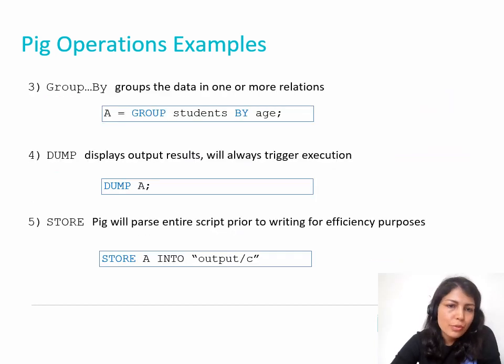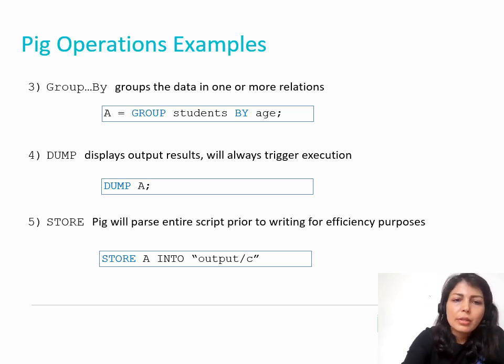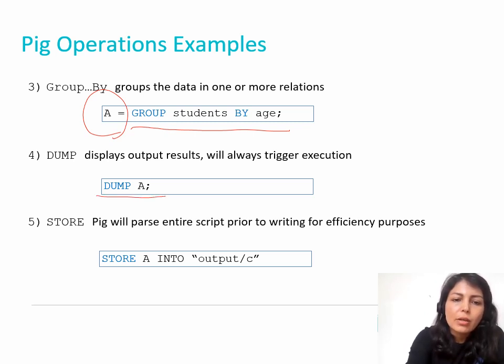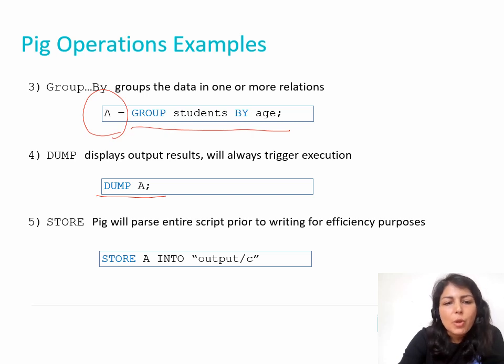Another operation is GROUP BY, which groups the data in one or more relations. In this example, you can group students by age, and the result would be in another bag, which is called A here. DUMP displays the output results of any bag on the screen. In this example, we say DUMP A, the result from the previous operation.